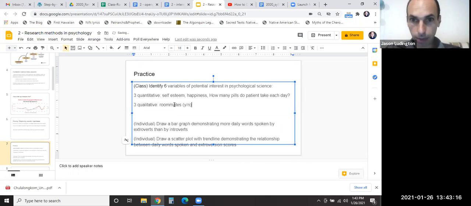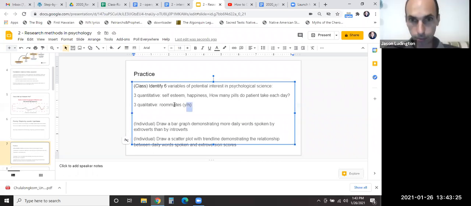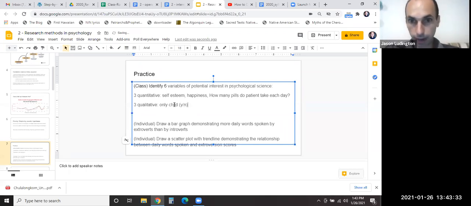If we measure roommates as a yes or no, you have a roommate or you don't have a roommate. Then if you're an only child, oh, that's a good one. Only child, yes or no? Now, we don't care how many siblings you have. You could have like 5 siblings or 1 sibling. Either way, it's a no.